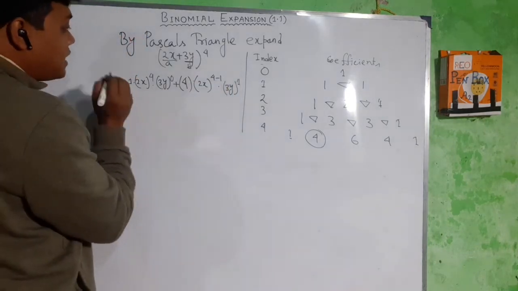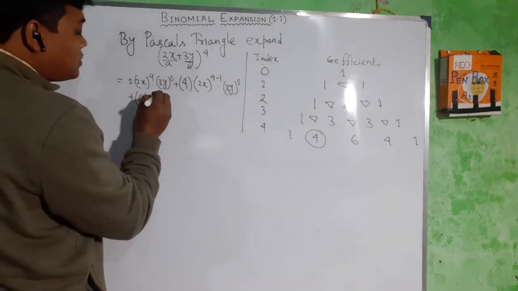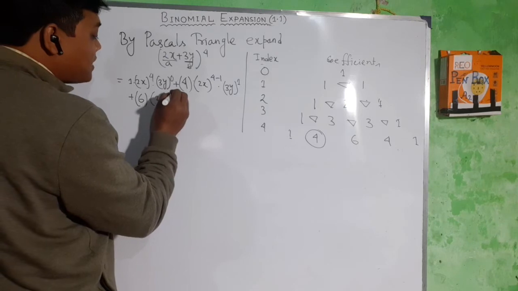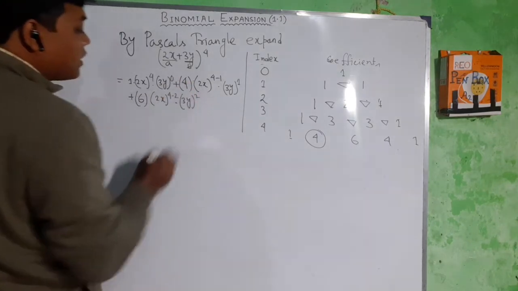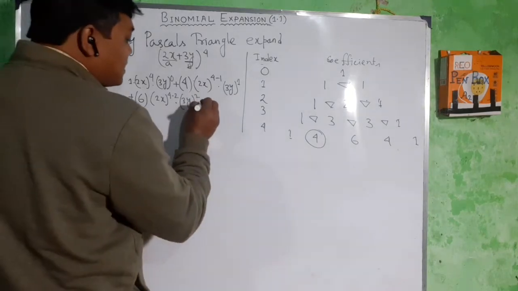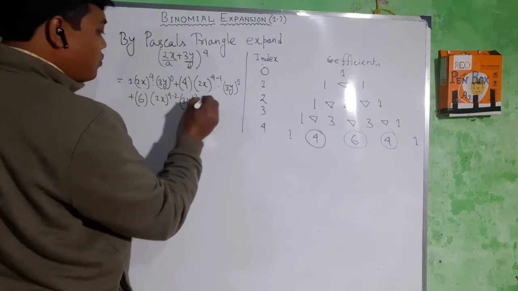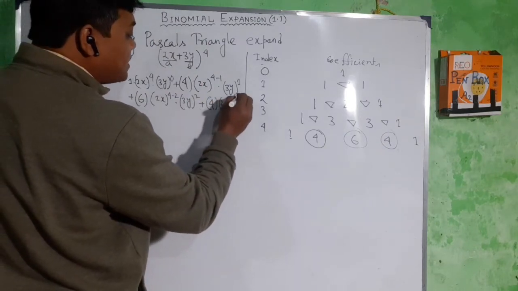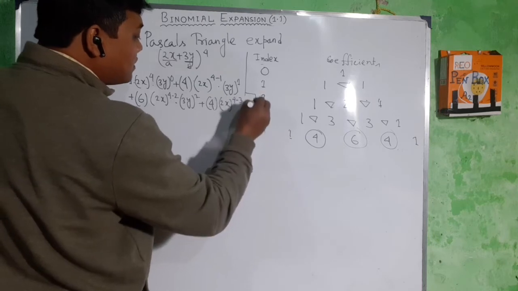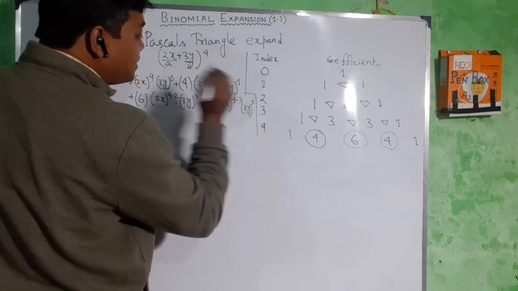Similarly, next we take the coefficient 6 and 2x whole to the power 4 minus 2 and 3y whole to the power 2. And next, the coefficient 4, 2x whole to the power 4 minus 3 and 3y whole to the power 3.